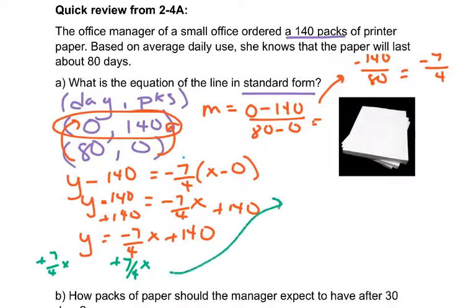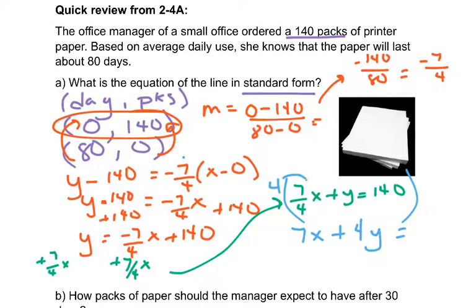Now I have 7/4 x plus y equals 140. And then remember, in standard form we want to get rid of any fractions, so we're going to multiply everything by 4. So we'd get 7x plus 4y, and then 4 times 140 would be 560.